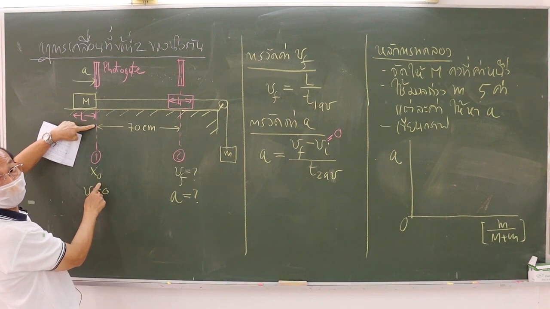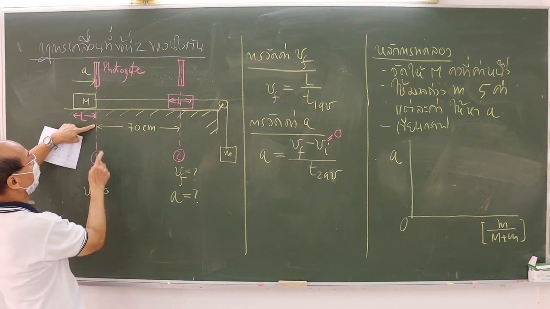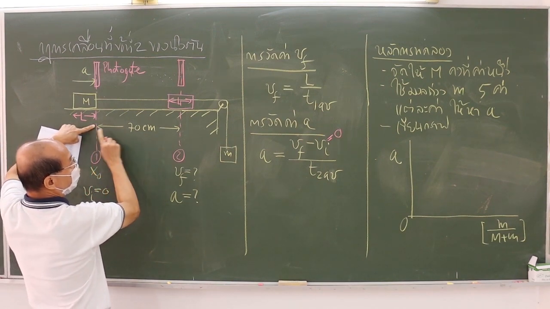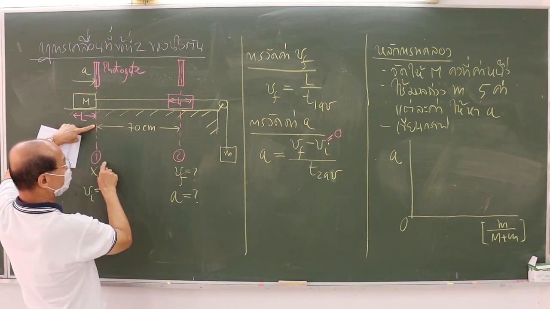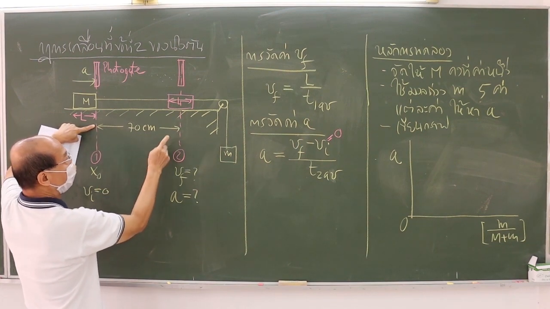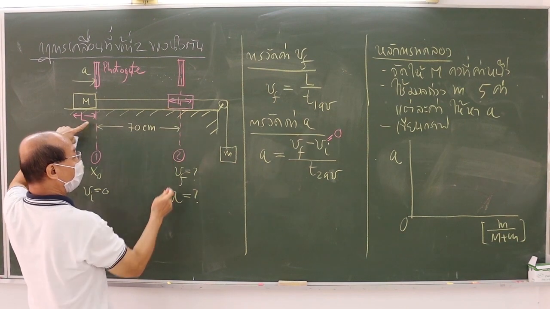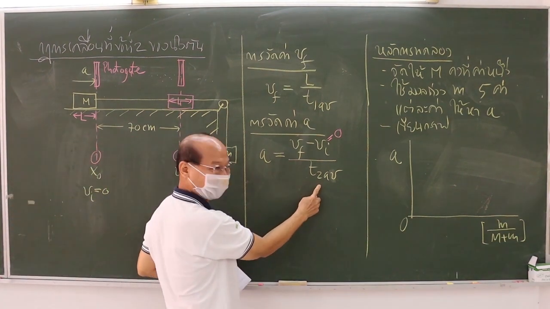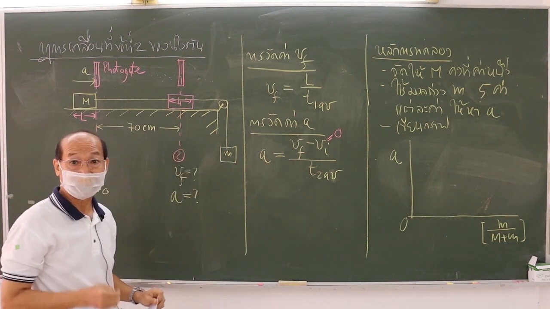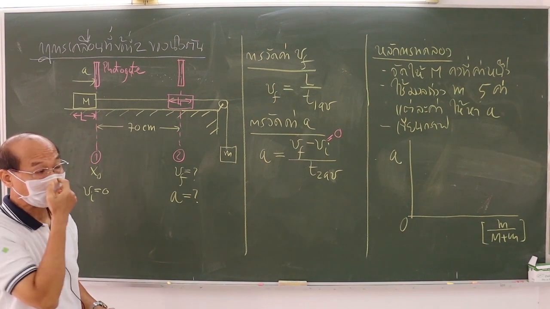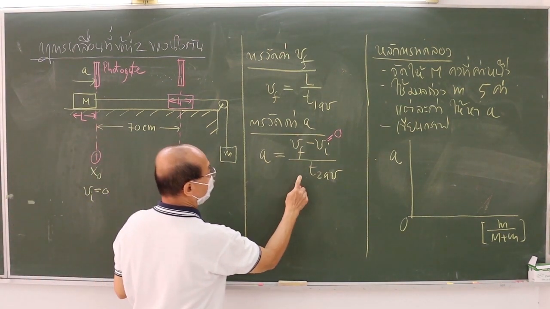The timer system records the time t2. We do this 3 times to obtain the average time t2 average. Then we can calculate the acceleration a according to the equation.